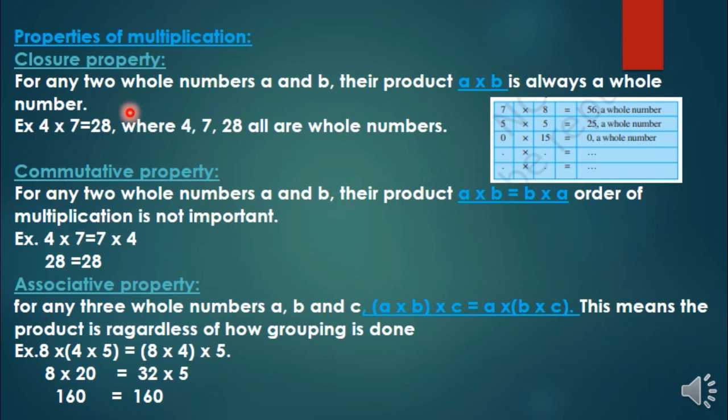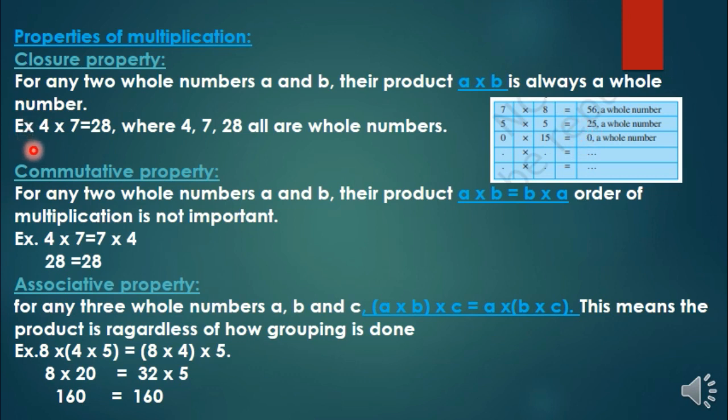Now we'll see next property, whether it is applicable or not. Commutative property means, if we change the order of any two, still it is the same. Check it now. For any two whole numbers a and b, as there is multiplication, we will see product. Product a multiplied by b is equal to b multiplied by a. Order of multiplication is not important.